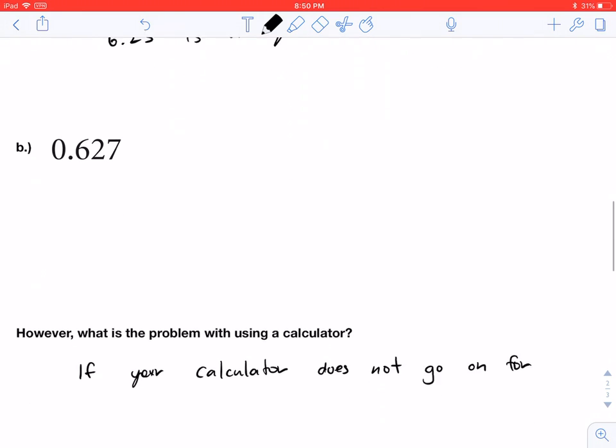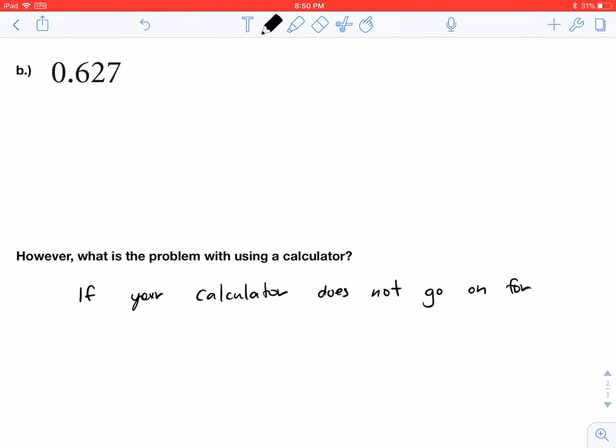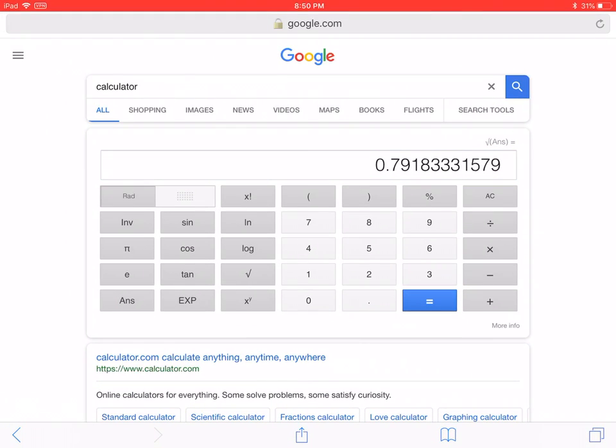And if I go to this next one, I take the square root of this. I'm going to get a really long number. So square root of 0.627. So that's what I get.